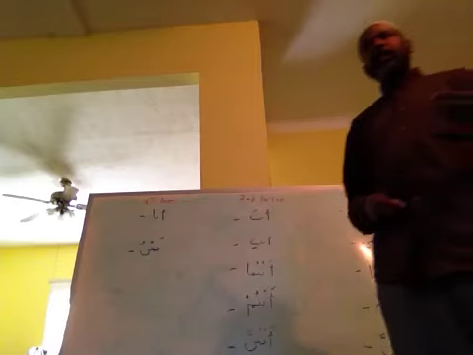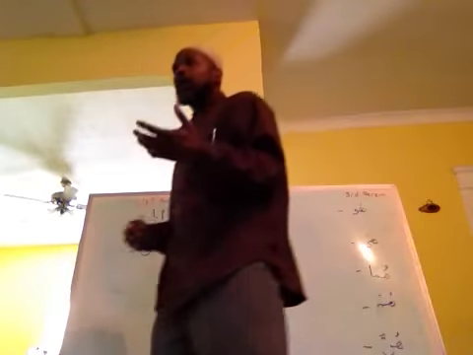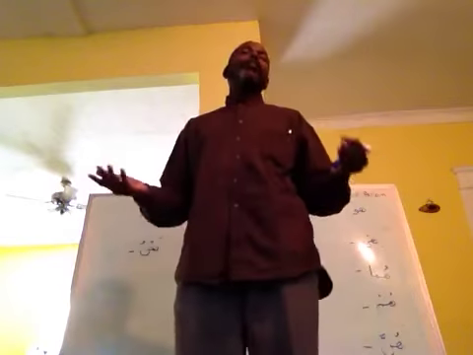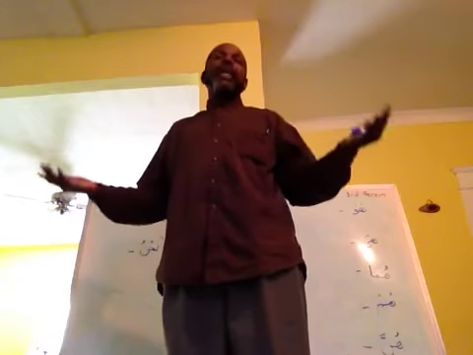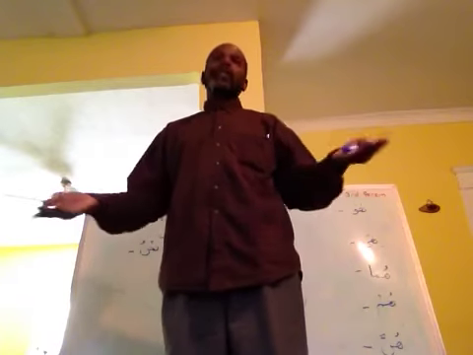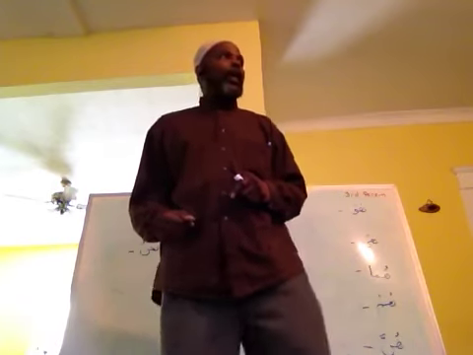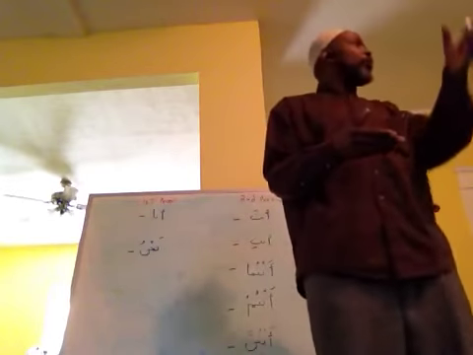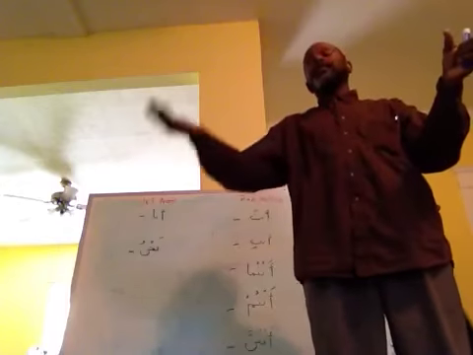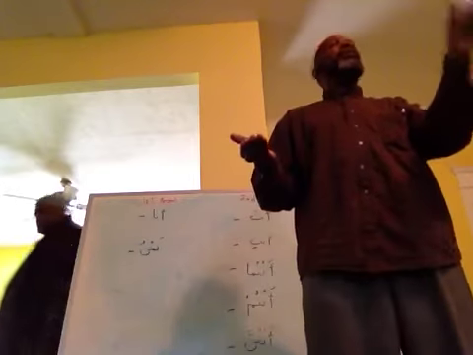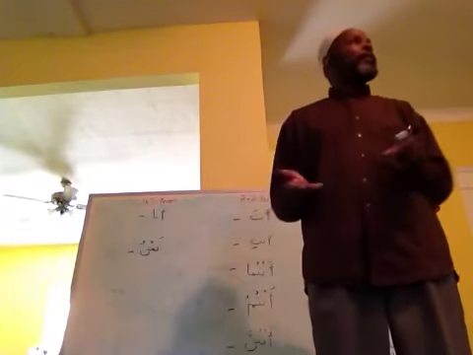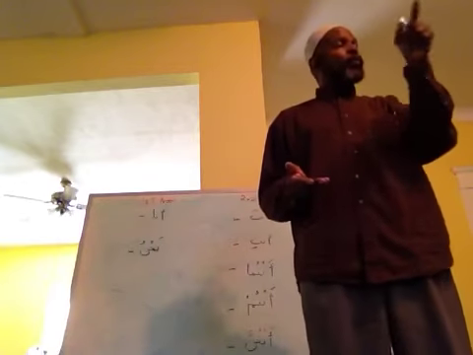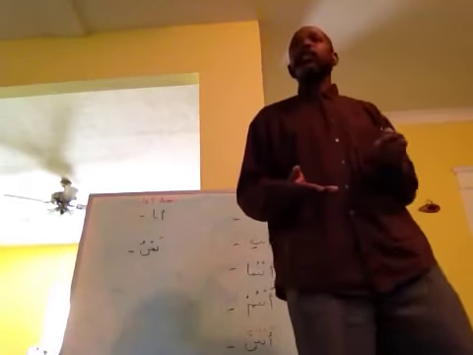And when you attach it to a particle, like a preposition, then it becomes the object of the preposition. Like fil bait. Fi, bait. Bait is majrur because of fi, and bait is the object of the preposition. So if you say fihi, the pronoun hu is the object of the preposition.